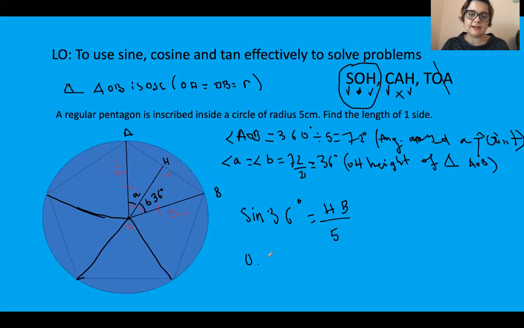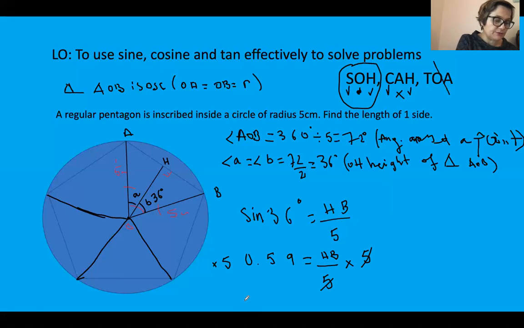So it's 0.59 equals HB over 5. Now to get rid of the denominator, you multiply by 5 on both sides. And that's how you get rid of the 5. And so HB is 5 times 0.59.